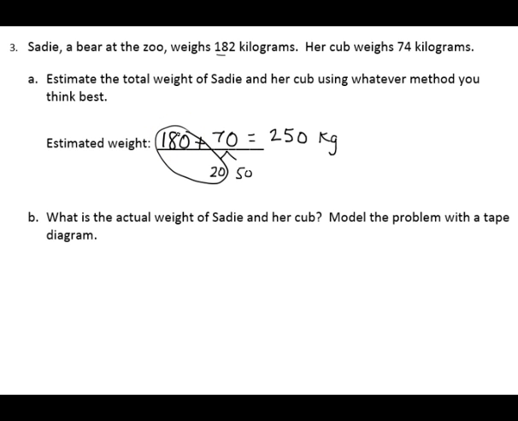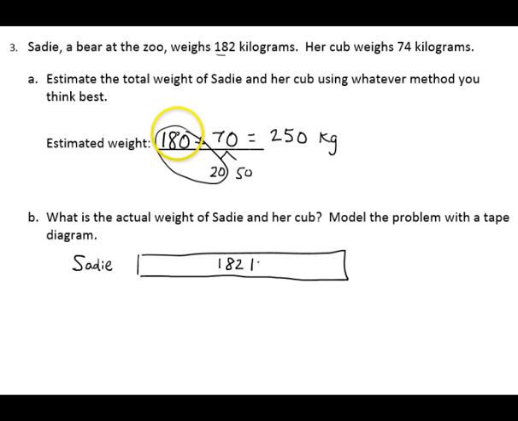Part B says, what is the actual weight of Sadie and her cub? Model the problem with a tape diagram. So we'll show Sadie and her tape, and we'll label that 182 kilograms. And then we'll show her cub, which is going to be a smaller tape, as 74 kilograms.